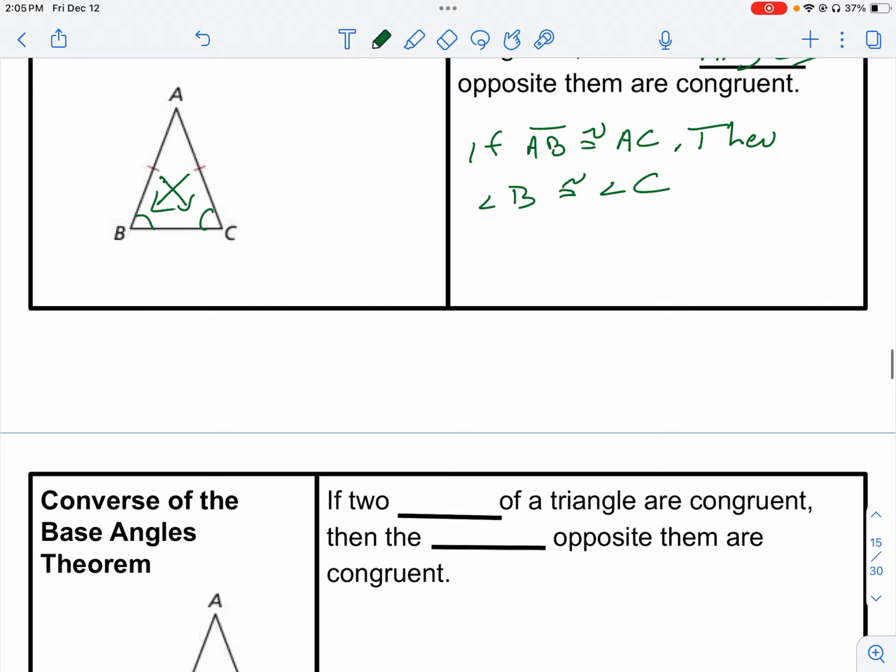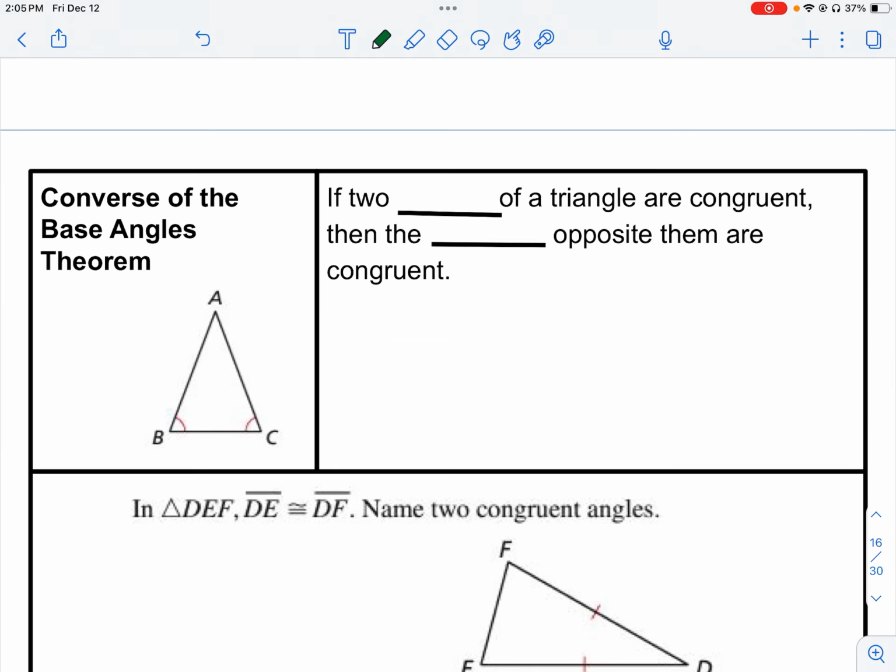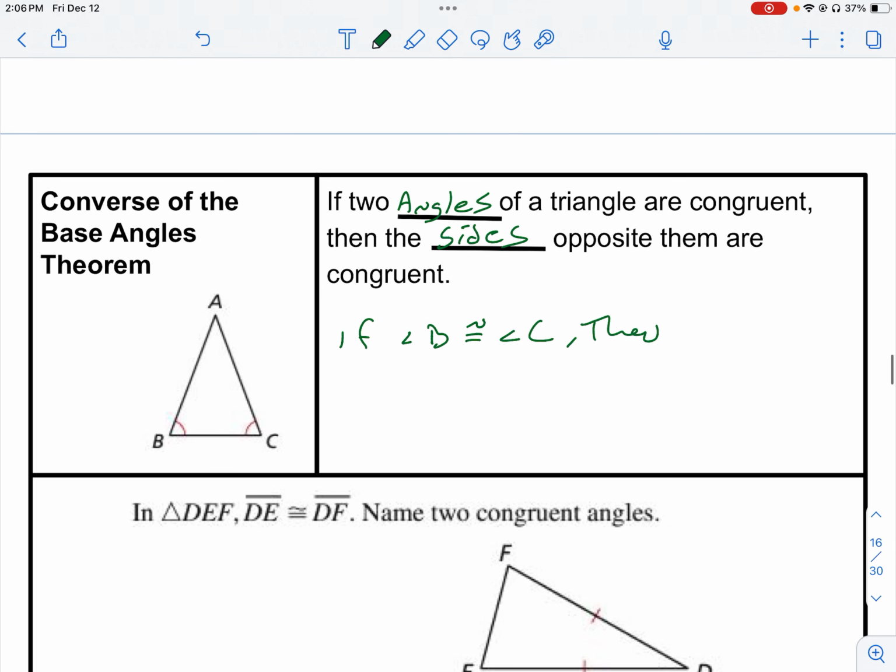And oddly enough, the converse is also going to be true. So if two angles of a triangle are congruent, then the sides opposite are congruent. So if angle B is congruent to angle C, then AB is going to be congruent to AC.